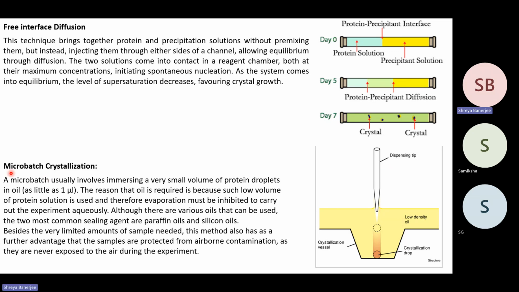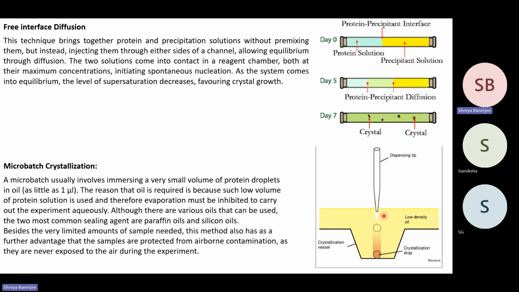Or you can have something called a micro batch crystallization. So in micro batch crystallization, a very small volume of protein droplet, as little as 1 microliter, is poured into oil. Oil is used because if you just pour that small drop in air, the solvent will evaporate.